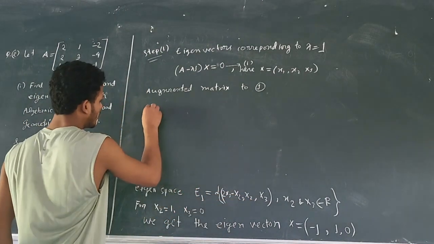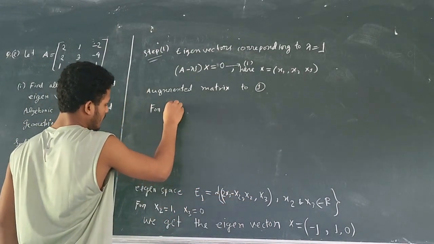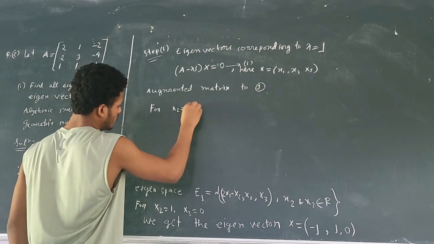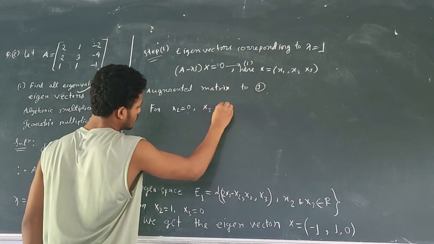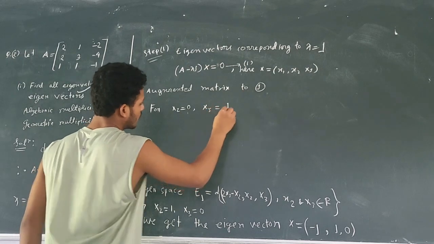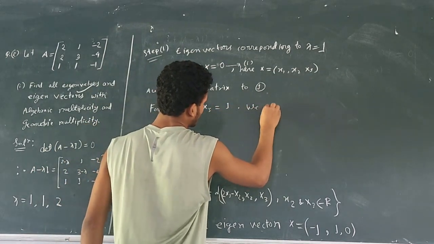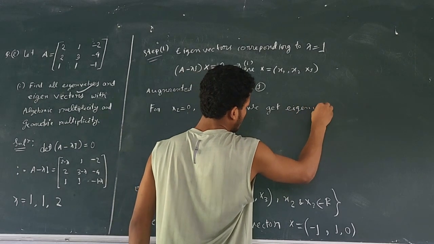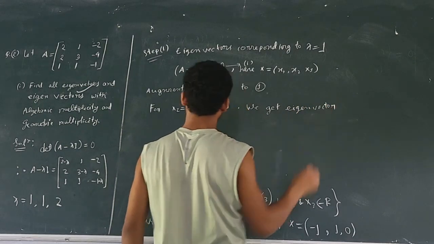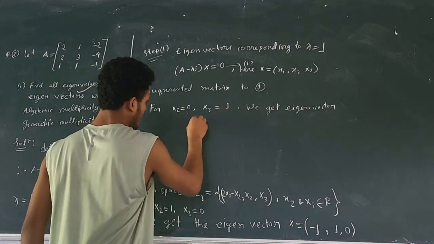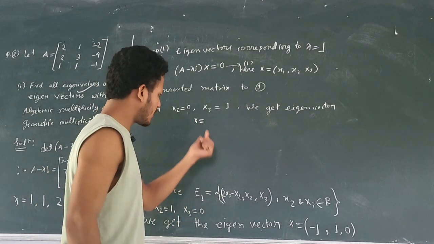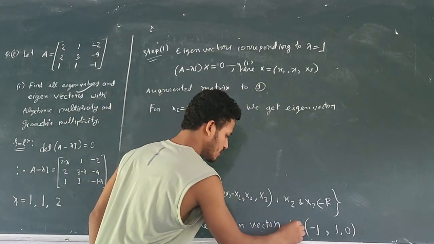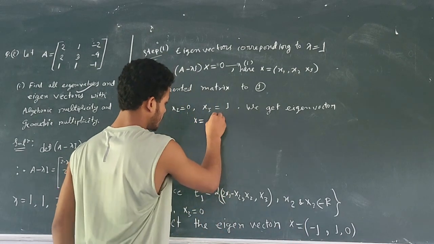For x2 is equal to 0 and x3 is equal to 1, we get the eigenvector x.